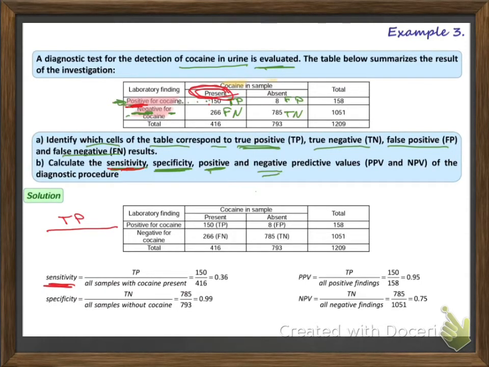So the true positive is the intersection of positive and the present at the same time. So we take the value from here for the true positive, and the overall value of the other character, which is present, so the total value of the present. Someone will say it is difficult. I'll make it simpler for you. As I told you earlier, the true positive equals the true positive divided by true positive again plus the reverse of this.